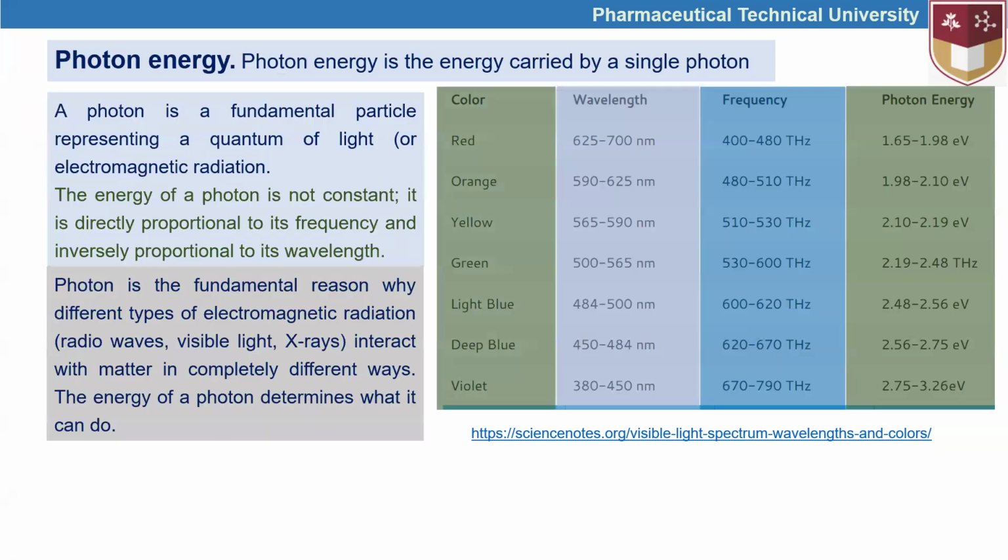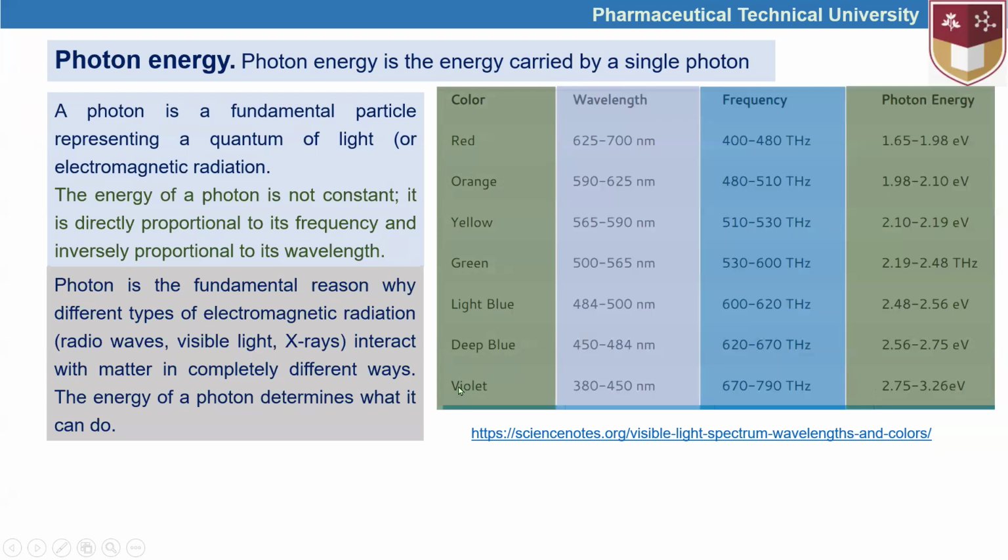And this is about the photon energy. Photon energy is the energy carried by a single photon. I'd like you to pay attention to the lowering value of photon energy from violet to red.